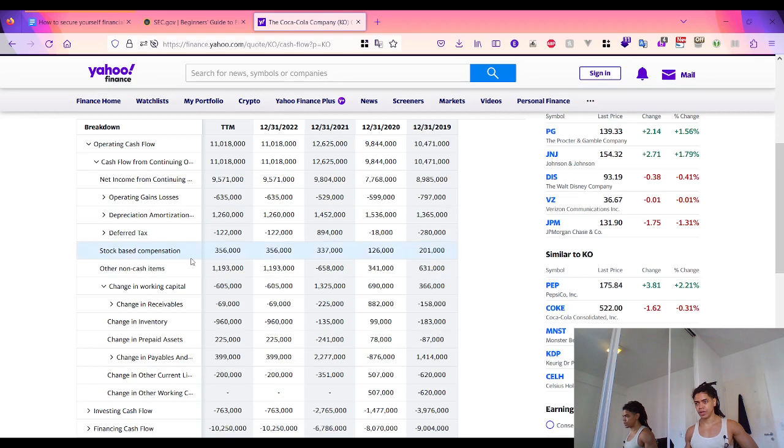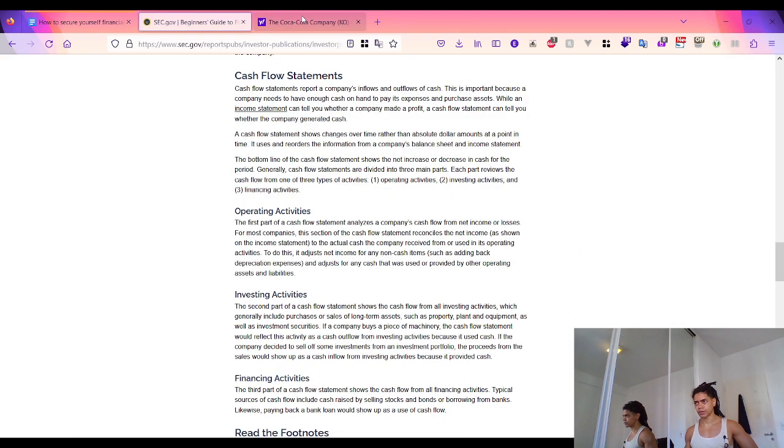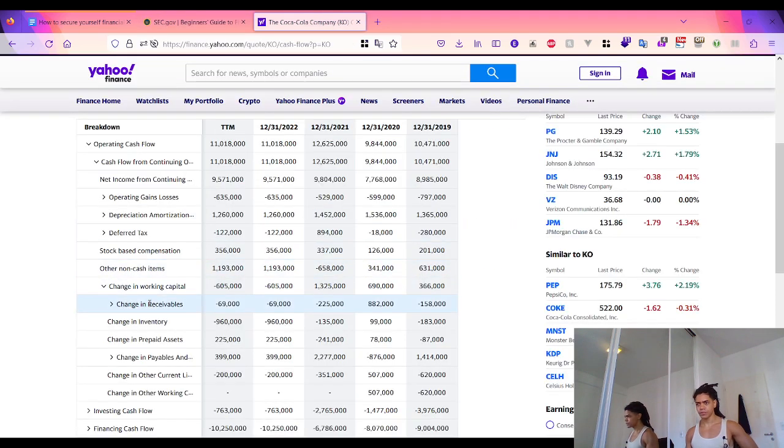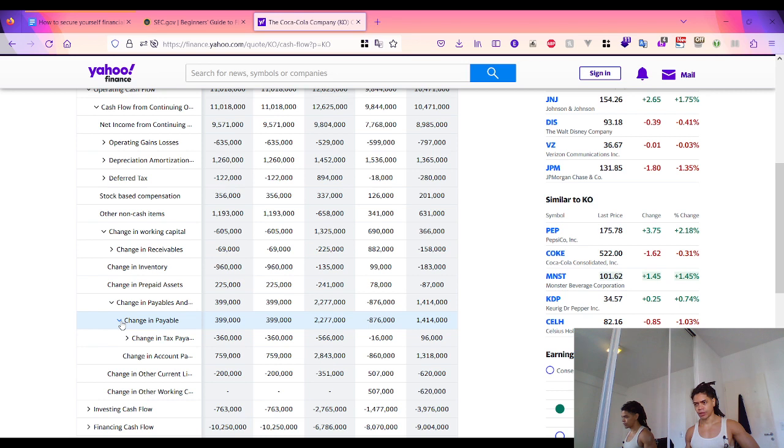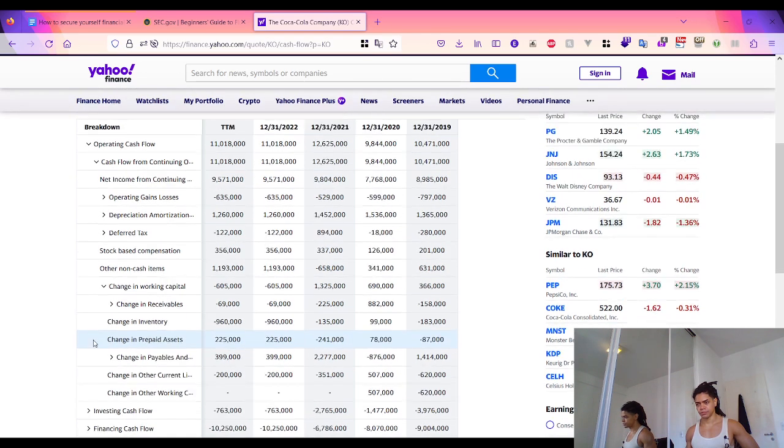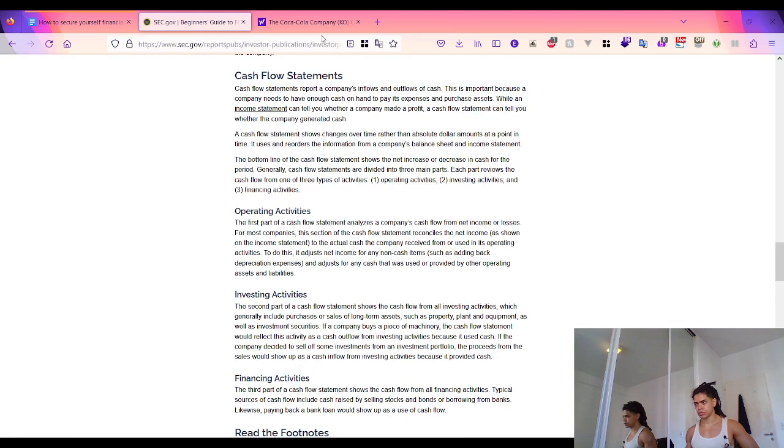And it adjusts any cash that was used or provided in its operating activities by other operating assets and liabilities.